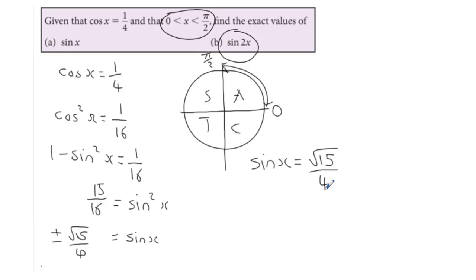So for part B, we just need to use sine 2x equals 2 sine x cos x. That was the answer to A. So for part B, sine 2x equals 2 sine x cos x.